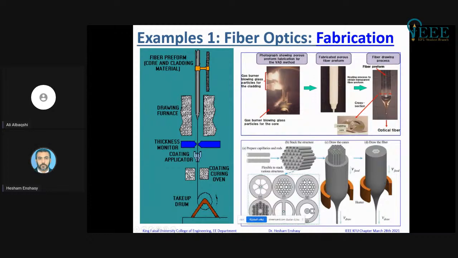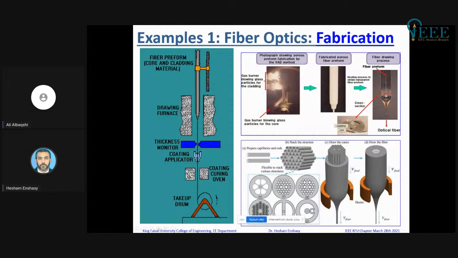They draw the fiber from two types of glass with slightly different refractive index. So the inner side of the glass has higher refractive index than the outer side. This is how they make the cladding and the core area.